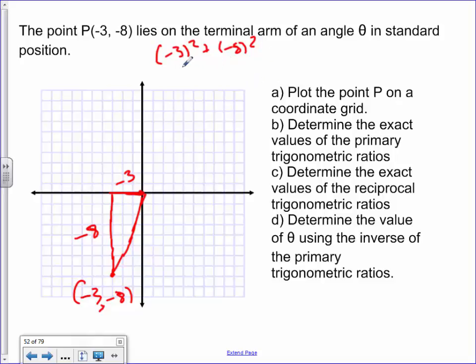You still get 9. And when you take -8 and square it, you get 64. Hopefully I'm not sucking at math right now. You should get root 73. Does that make sense? Just leave it as root 73. You can round it and call it 8.2 or whatever it's going to be, but just leave it as root 73.